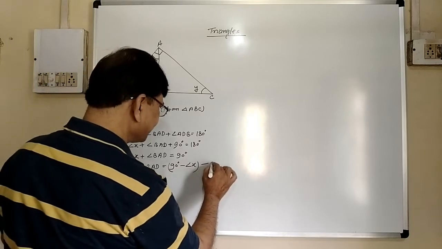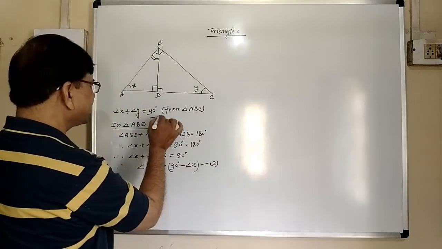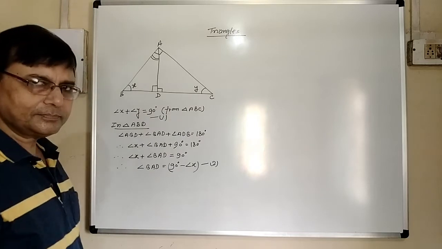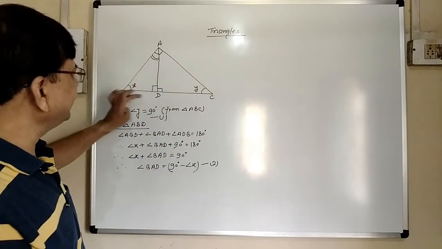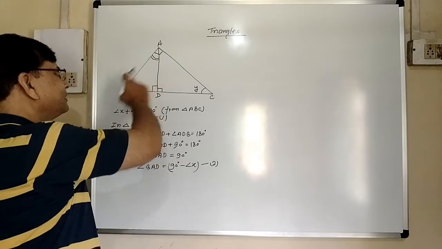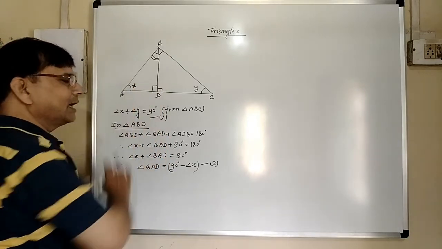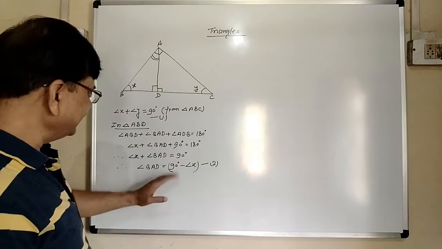Suppose we write this as 2 and the earlier one as 1. Is it clear? Because I have taken this triangle ABD, the sum of these angles will be equal to 180 degree. This I have done.